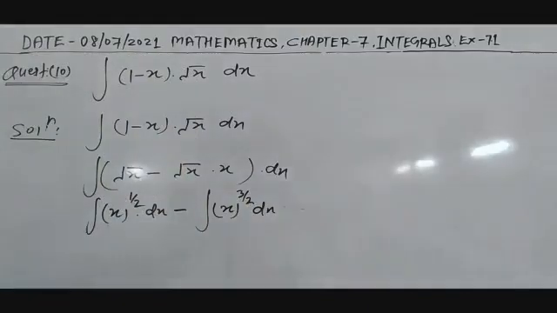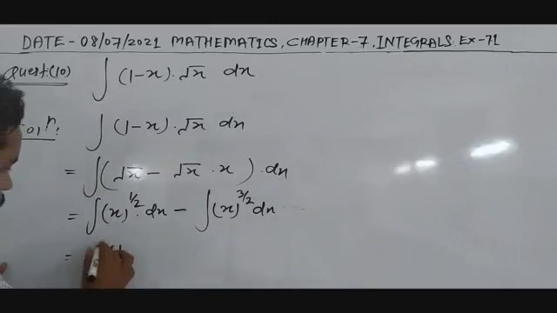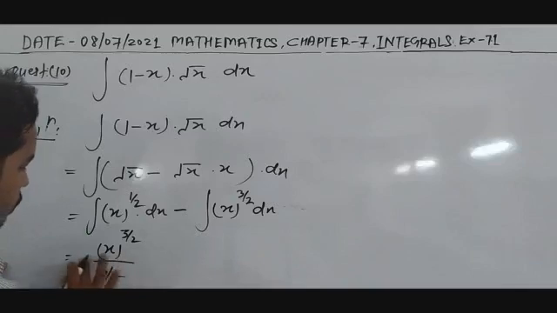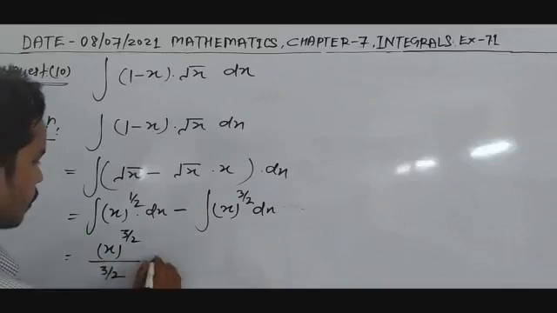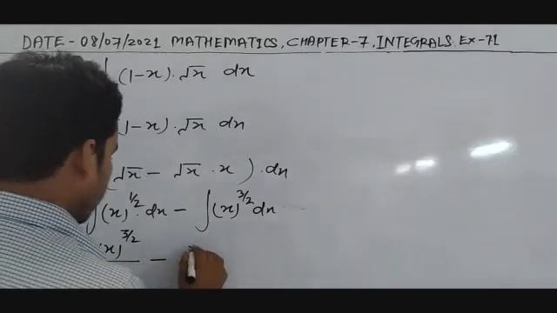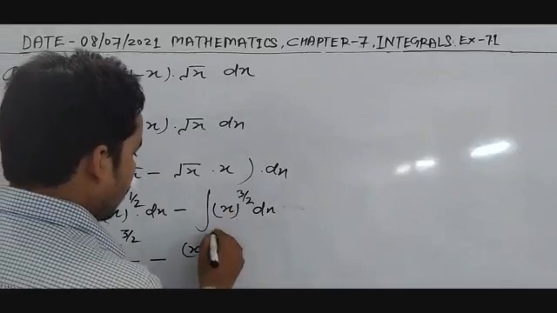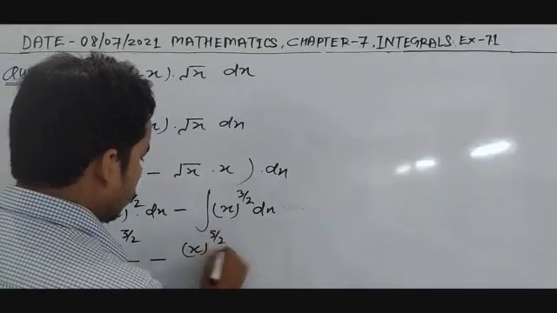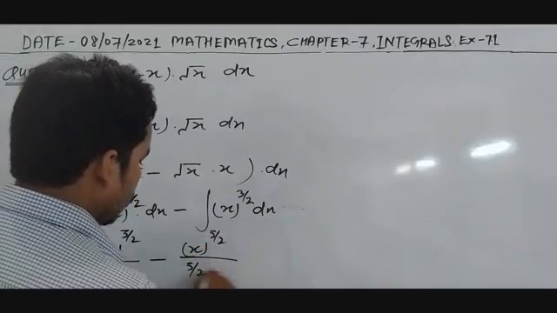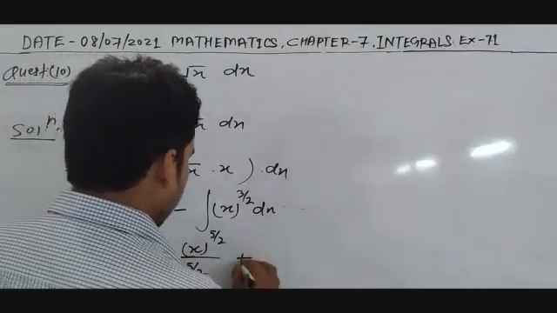So now you can integrate. Its result will be x to the power 1 by 2 plus 1 whole upon 1 by 2 plus 1 minus x to the power 3 by 2 plus 1, means result is 5 by 2 whole upon 5 by 2, and now plus c.